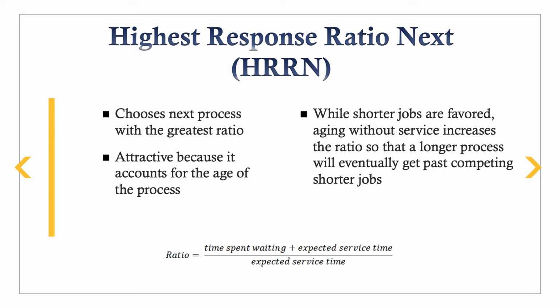Even if I've got a big, long job that might be susceptible to starvation under SPN or SRT, with HRRN its ratio is going to keep increasing. Eventually it's going to age to the point where it's got the highest ratio no matter what, and it's finally going to get time on the processor to run without falling prey to starvation.